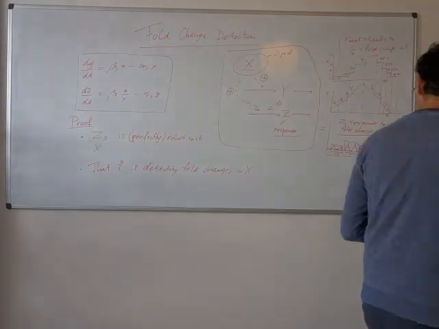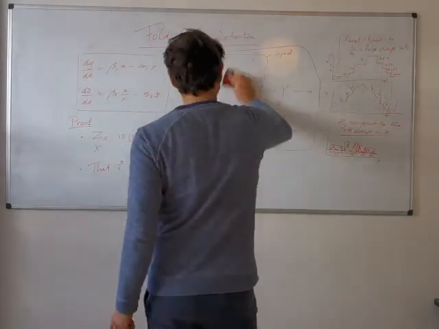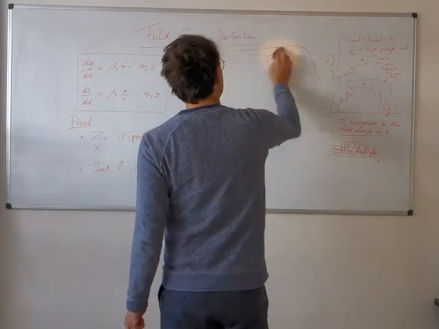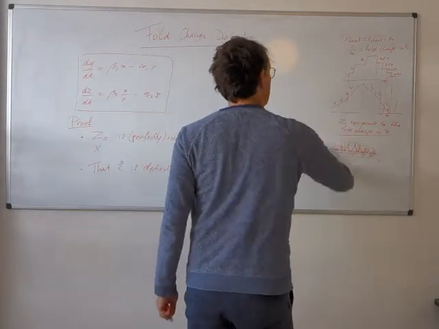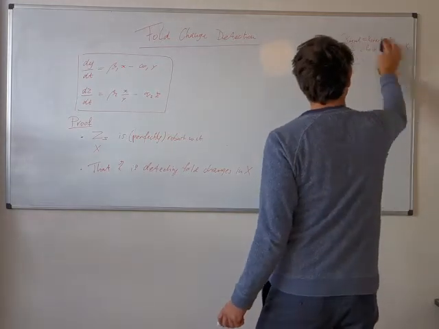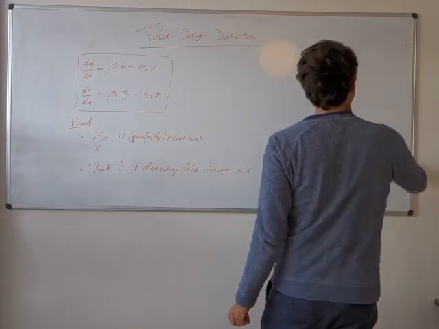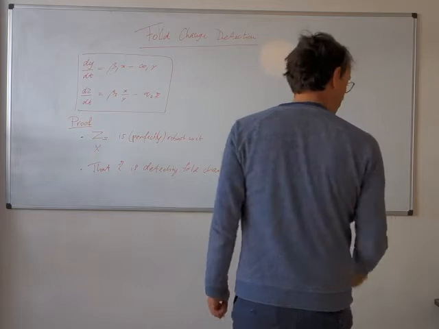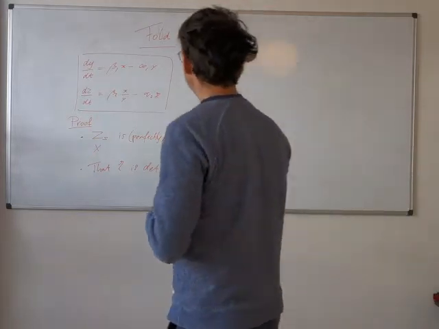So let's start with the easy task. That's to show that the steady state concentration of Z is perfectly robust with respect to the value of X. So you know how to do that. You look at the steady state equation.